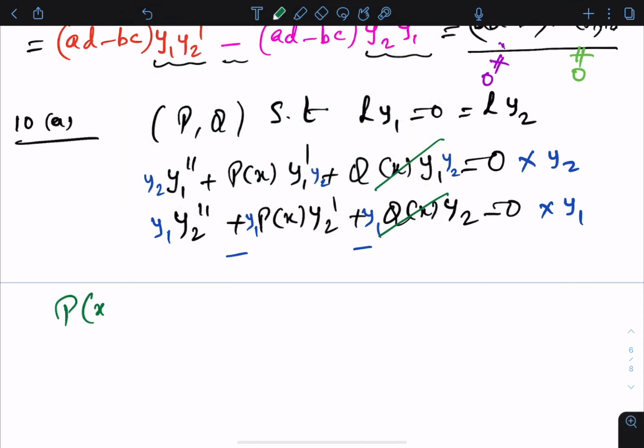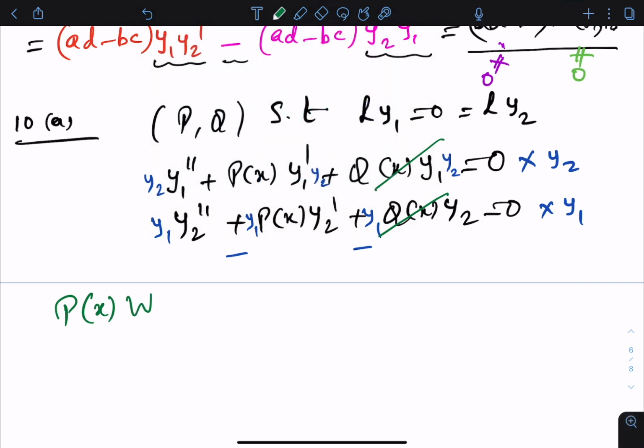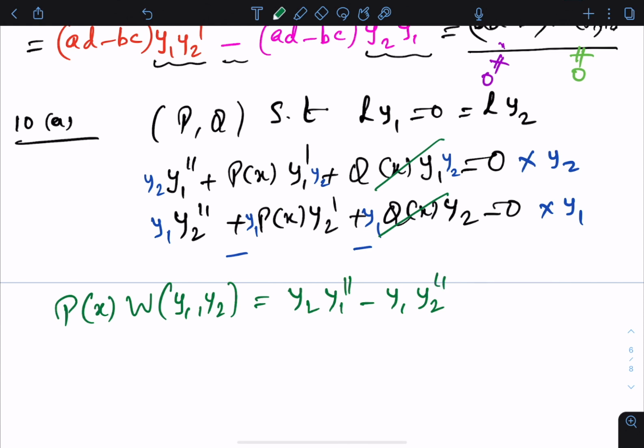So what you will get is P times the Wronskian of y1, y2, equal to y2 y1 prime minus y1 y2 prime, right? Because the y2 y1 double prime terms cancel, leaving y2 y1 double prime minus y1 y2 double prime from the first equation, and whatever you have here is precisely the Wronskian.